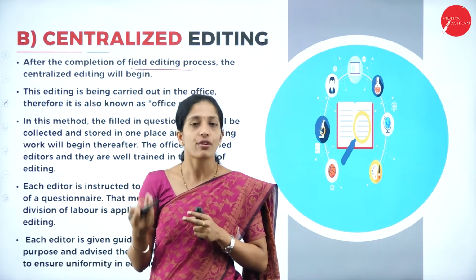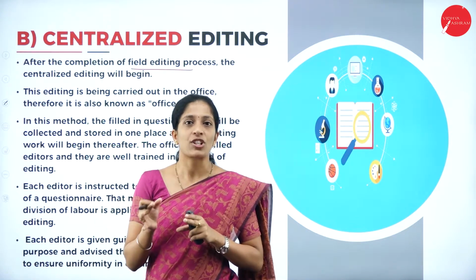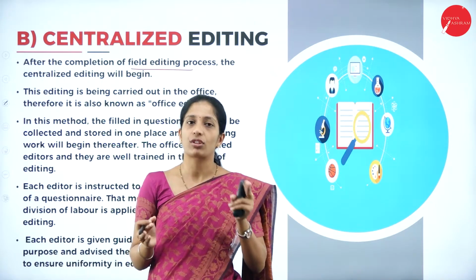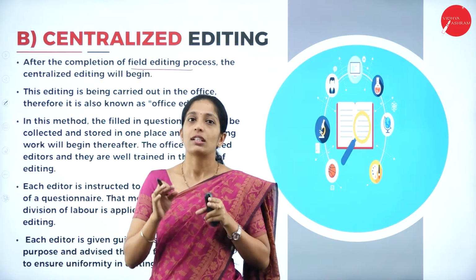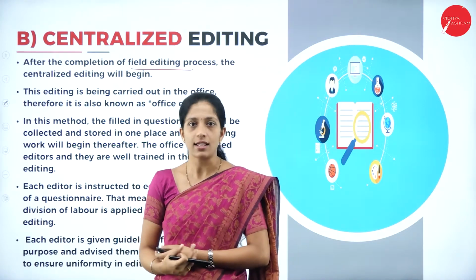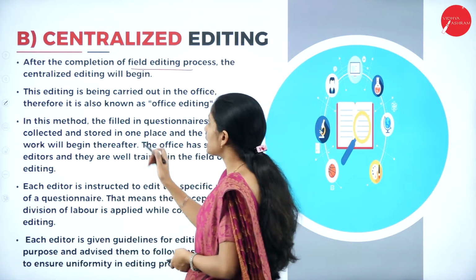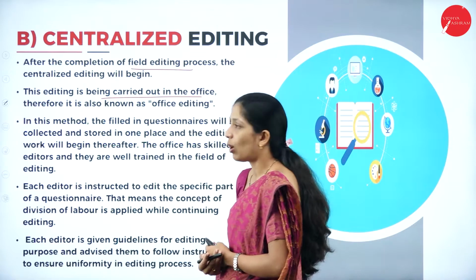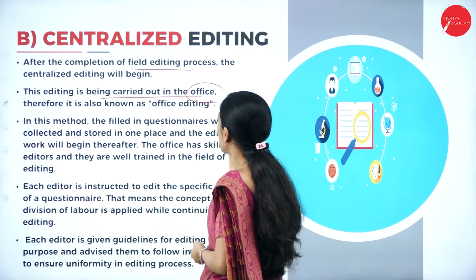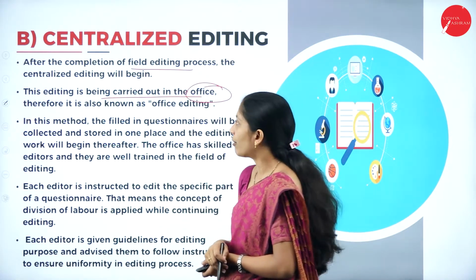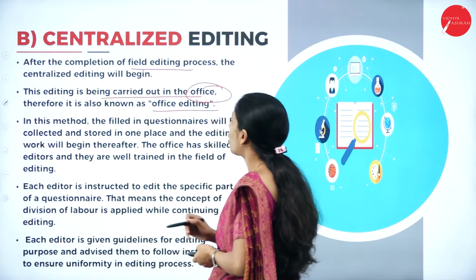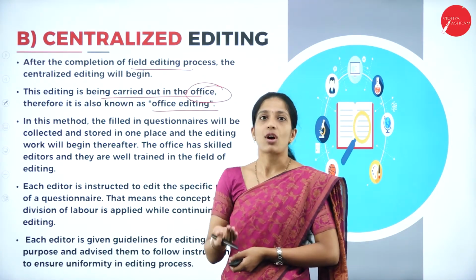In order to recheck the information and clarity we got in field editing, that will continue in centralized editing. This editing is carried out in the office. So, where do we conduct this type of editing? In the office. Therefore, it is known as office editing. What is office editing?